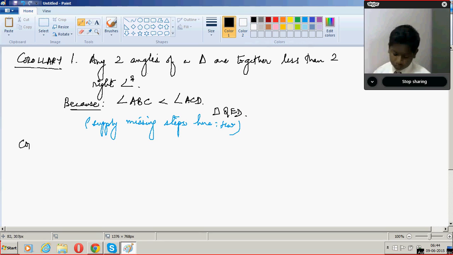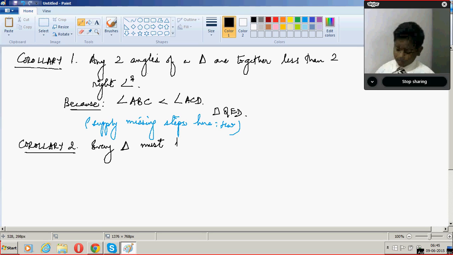Corollary 2. Every triangle must have at least two acute angles.